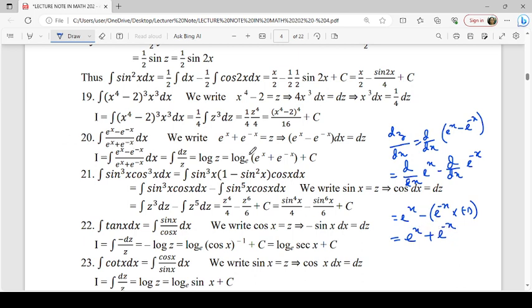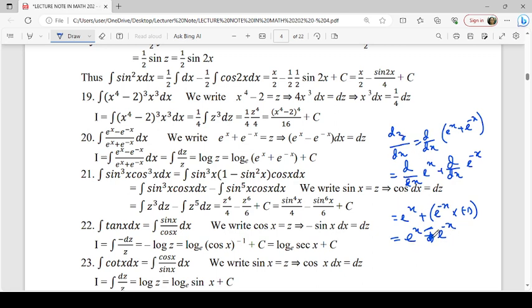Sorry, we have done, no, this should be minus: this is plus, this is plus, so this becomes minus. So dz by dx is e to the power x minus e to the power minus x.